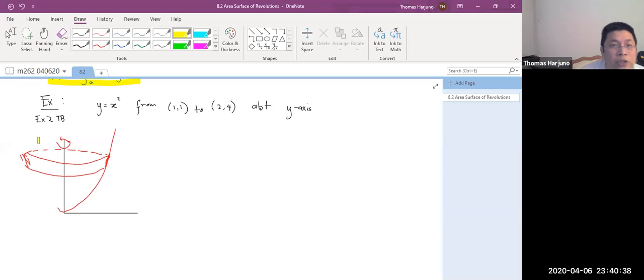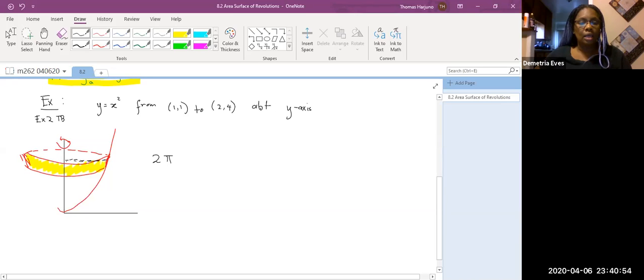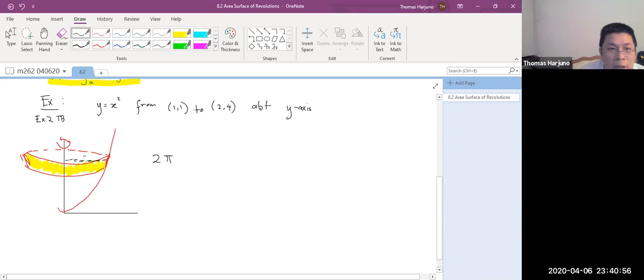This is one of the shells. Now, what is the area of that shell? Then that will be 2 pi times, what is the radius here? y. No, that's not y. Oh, x. That's the x. That's our 2 pi x times ds, right?